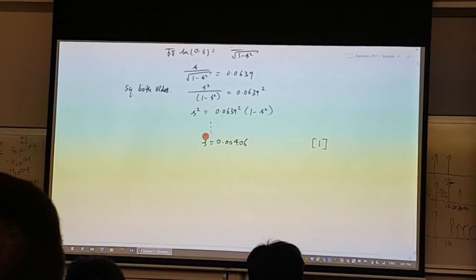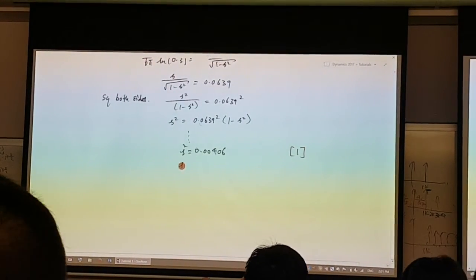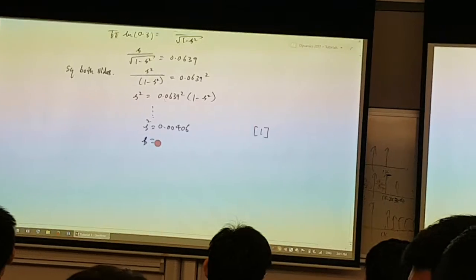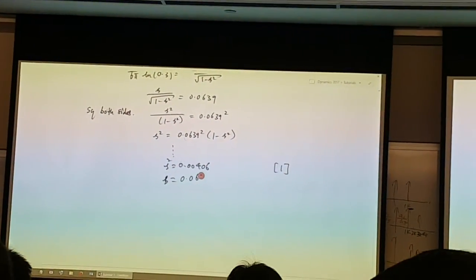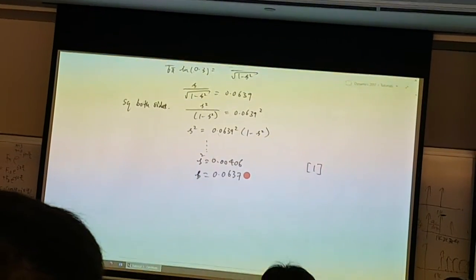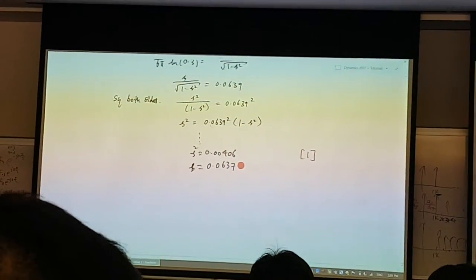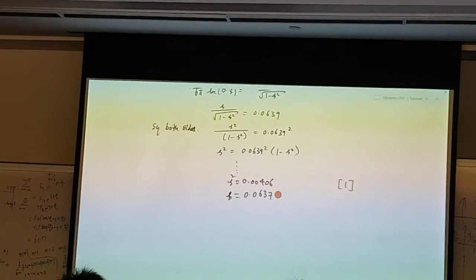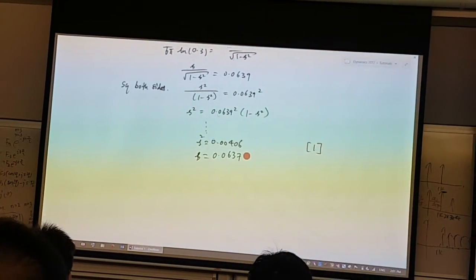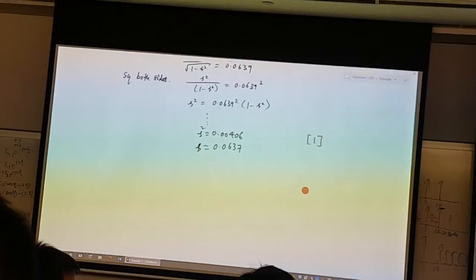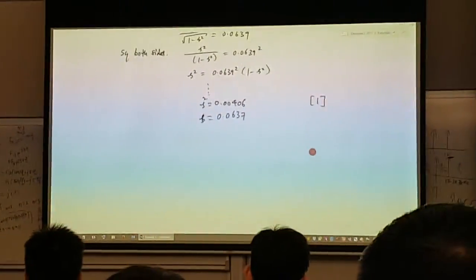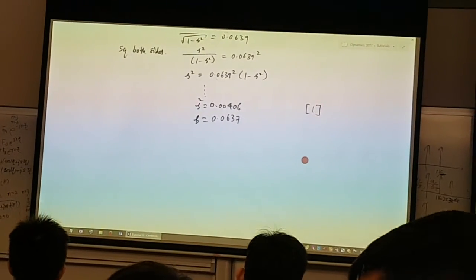Sorry, this is for the square. I haven't taken the square root. Sorry. So if your friend got it right, just give him or her a thumbs up.